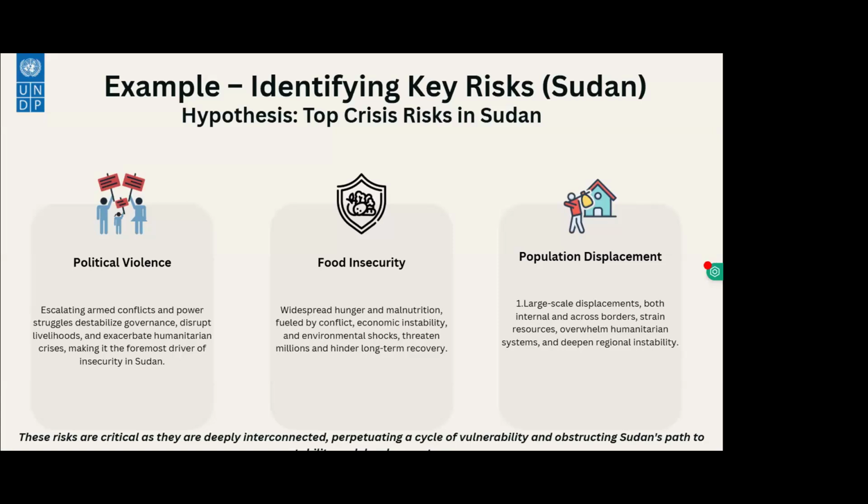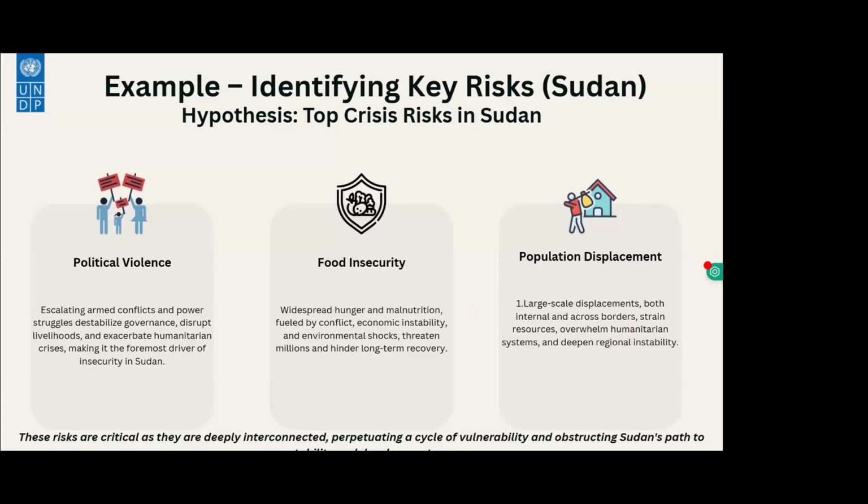Sudan is also known to have regions with significant food insecurity due to a mix of conflict. Farmers can't plant or markets are disrupted, economic issues like inflation, and even environmental issues like droughts or floods. So the second one is food insecurity. The third one, displacement.